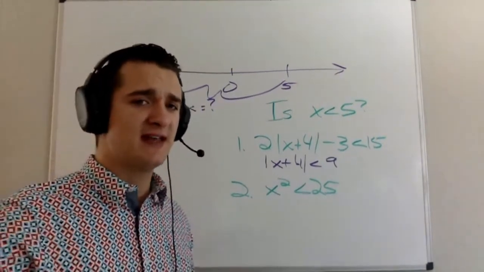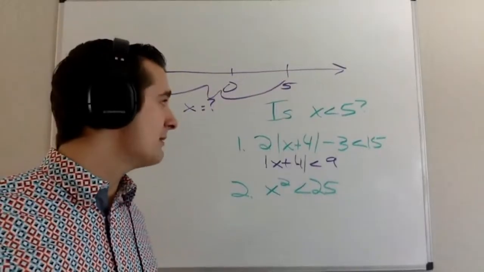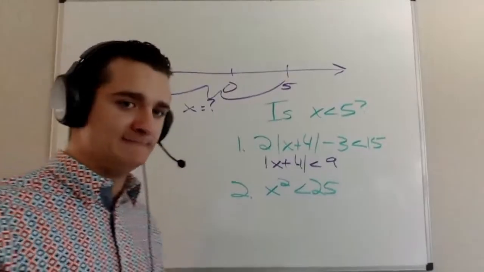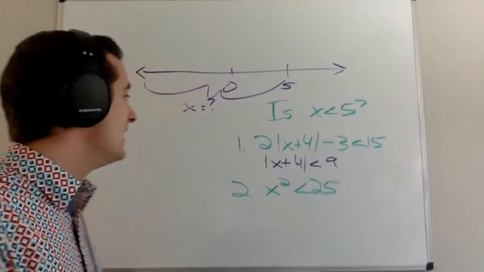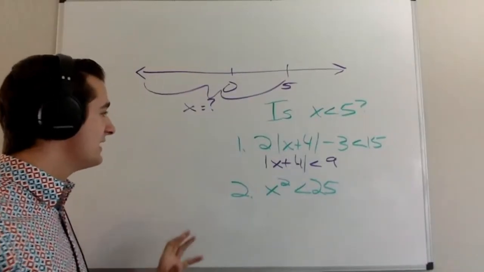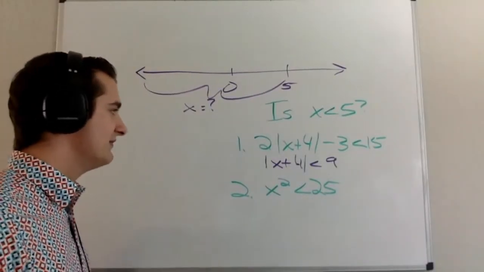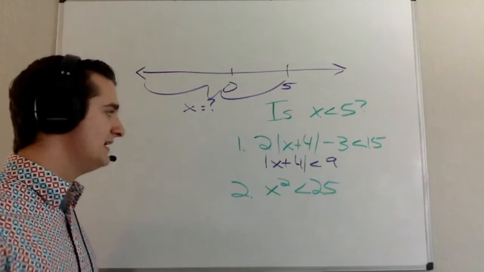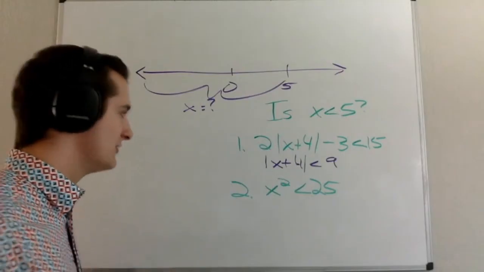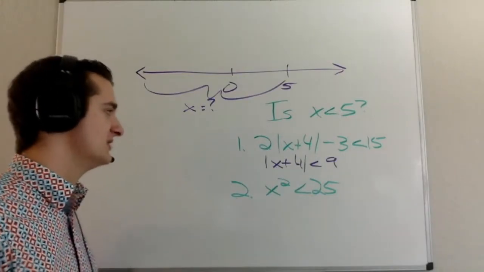And so that creates a lot of problems here. With that in mind, I'm going to think about statement one in a unique way, and I'm going to use a lot of the tools that we learned about on the previous question to help here.